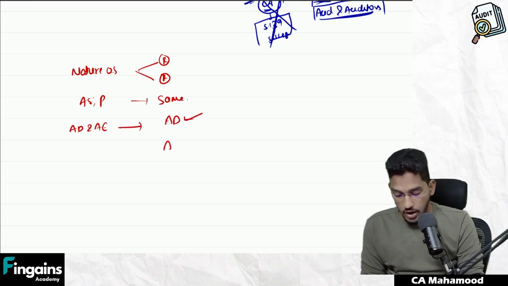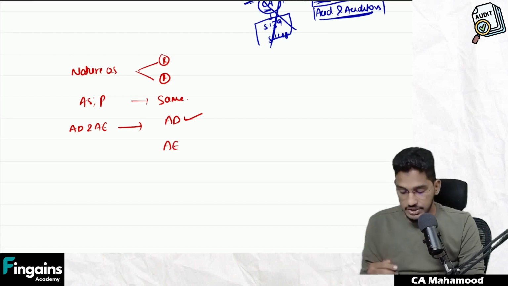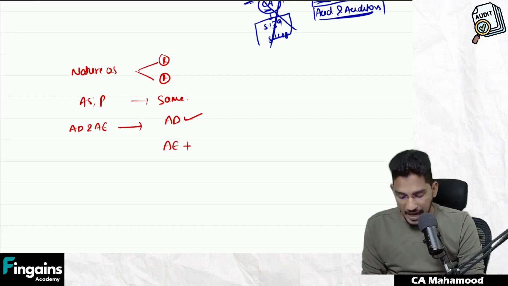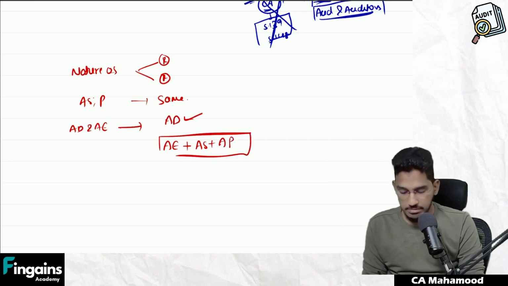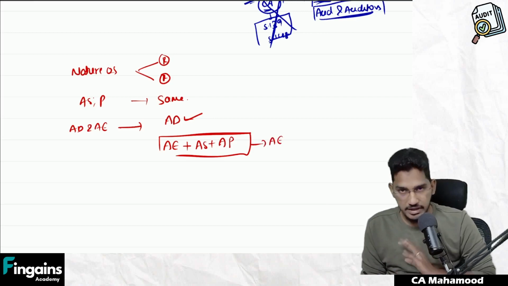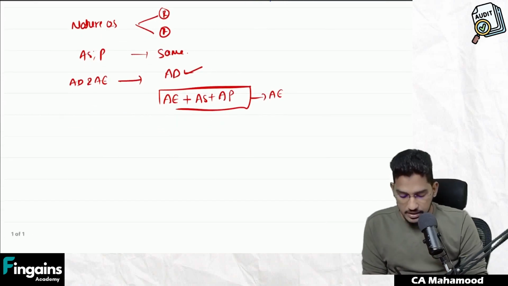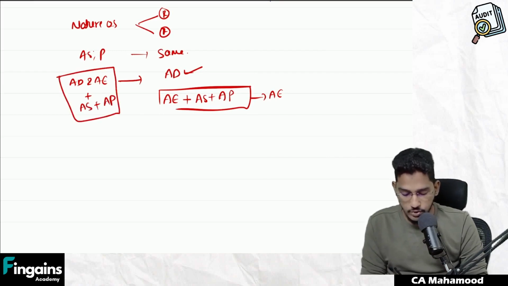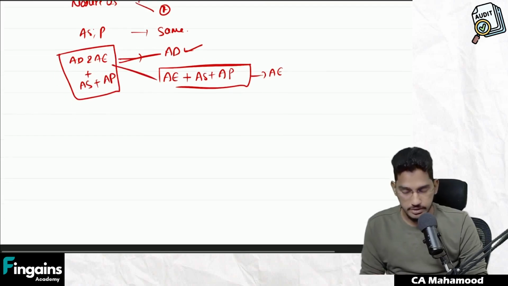Audit evidence is a separate chapter, but in this they have added audit sampling and analytical procedures. Earlier we used to have audit sampling and analytical procedures as two different chapters. Now these two chapters are clubbed together along with audit evidence, and they made it a single chapter called audit evidence. So I can say a block here: audit documentation, audit evidence, audit sampling and analytical procedures. All the three have been clubbed together and they made two chapters out of it.